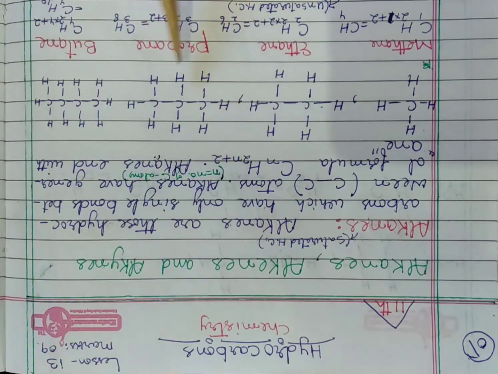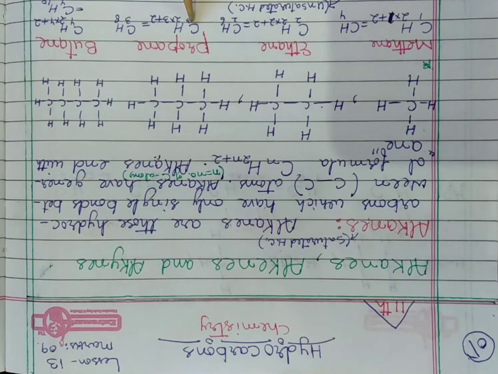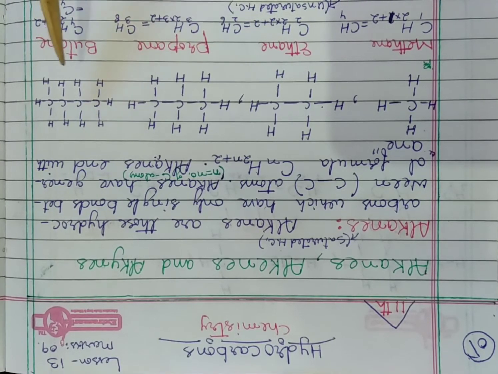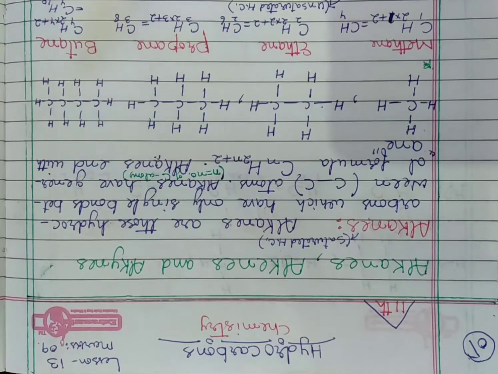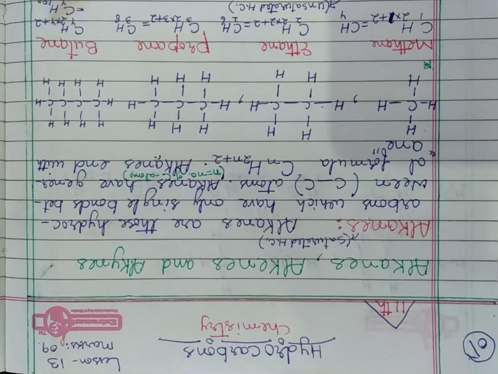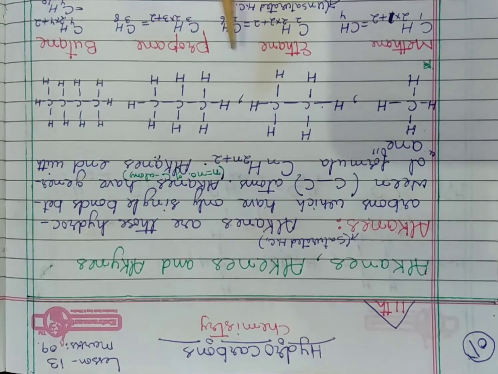Propane, n is equal to 3, C3H2 into 3 plus 2 becomes C3H8. In butane, n is equal to 4, so C4H2 into 4 plus 2 becomes C4H10. So this was all about alkanes.